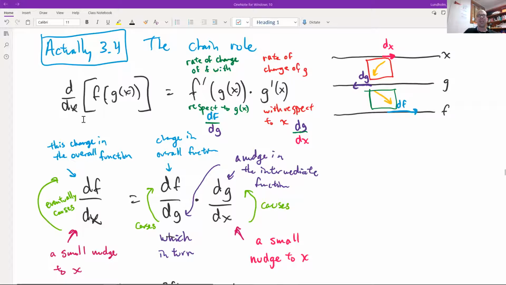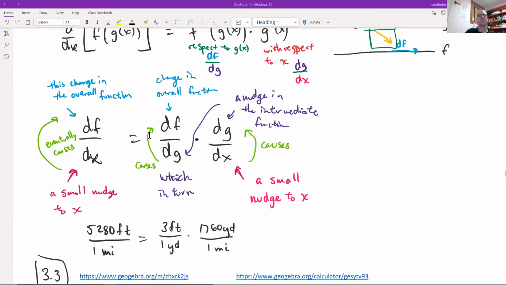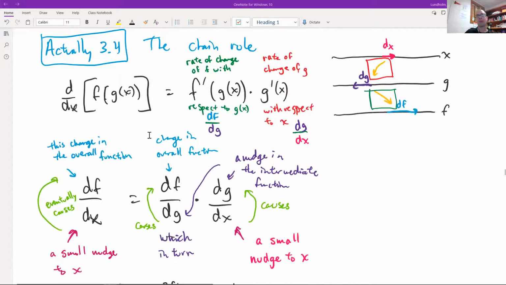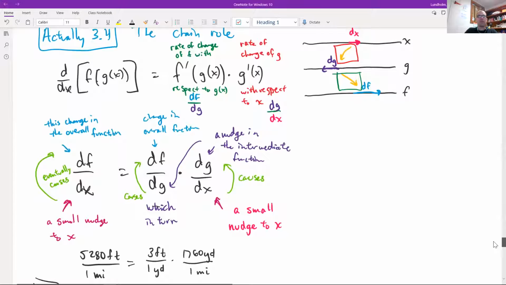So yeah, chain rule. And I guess we'll get to some good examples of that later when we actually get to 3.4. But we'll be able to pretty quickly jump into the examples when we get there, because we've done this hard work.